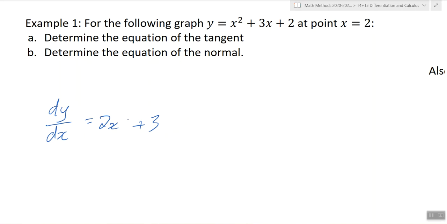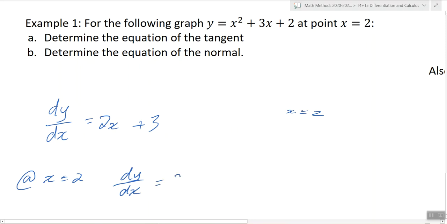Okay, so our point is where x equals 2, so we're going to sub that in. So the more specific, at x equals 2, dy dx equals 2 times 2 plus 3. So the gradient at that point is 7. Any questions so far?